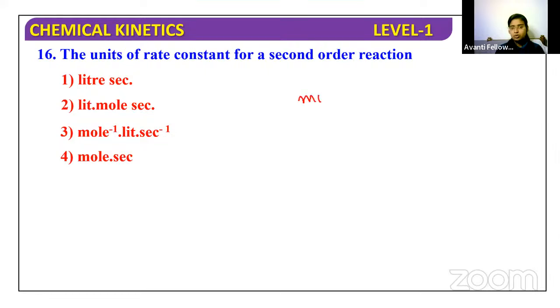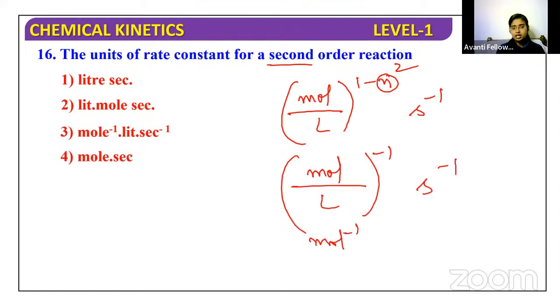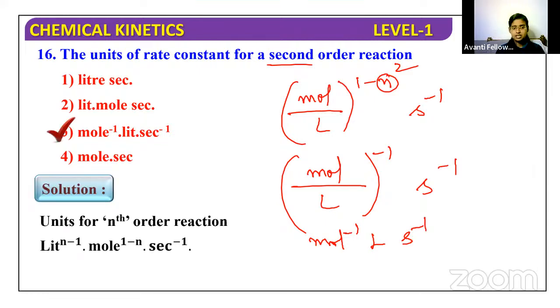It is mole per liter power 1 minus n into second inverse. Second order means here n value is equal to 2. So it will be mole per liter to the power minus 1 into second inverse, which is nothing but mole inverse liter second inverse. So option 3 is the correct answer.